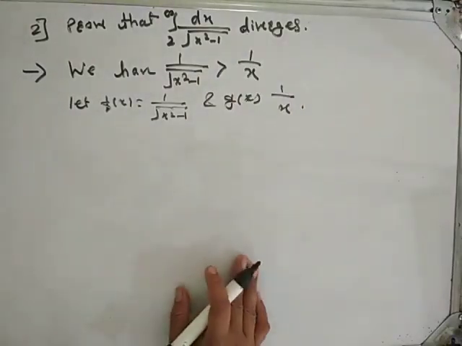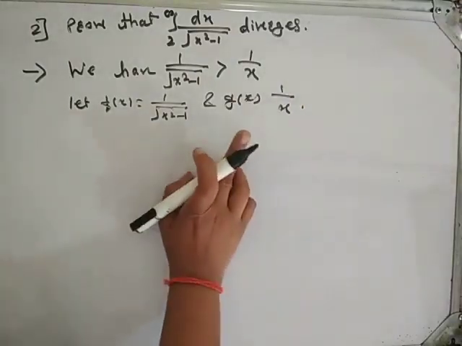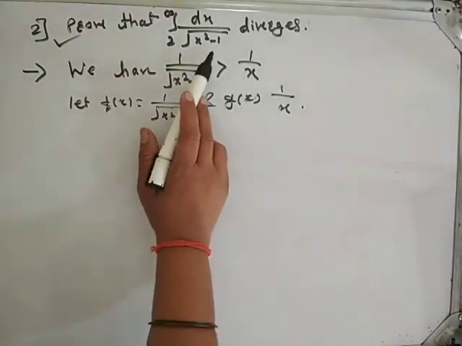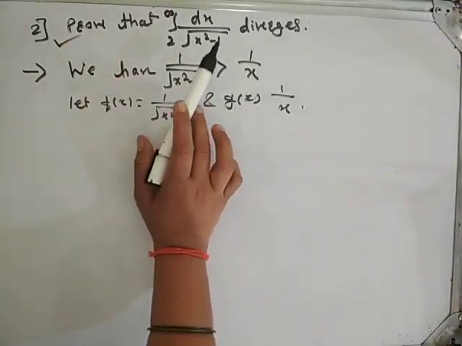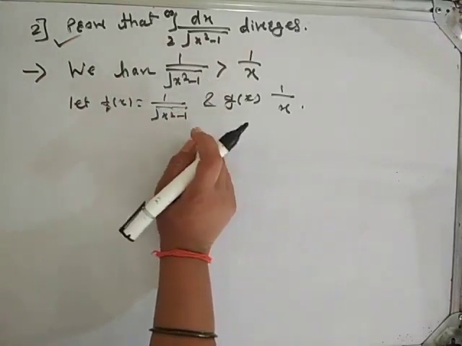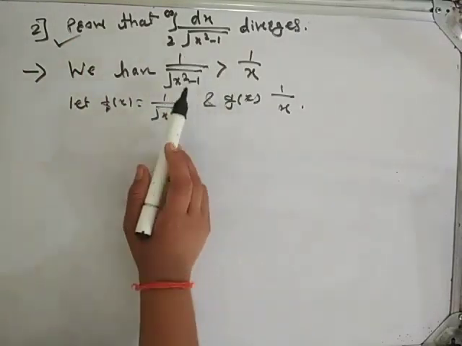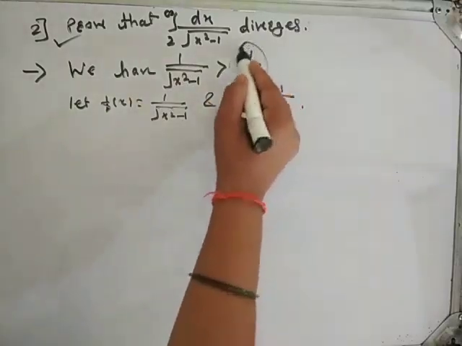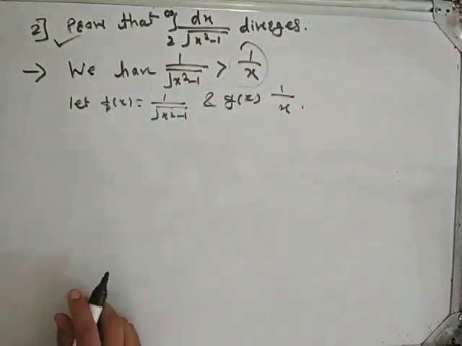See here, students, we have to show that this integral is divergent. This means we have to show that g of x is divergent.